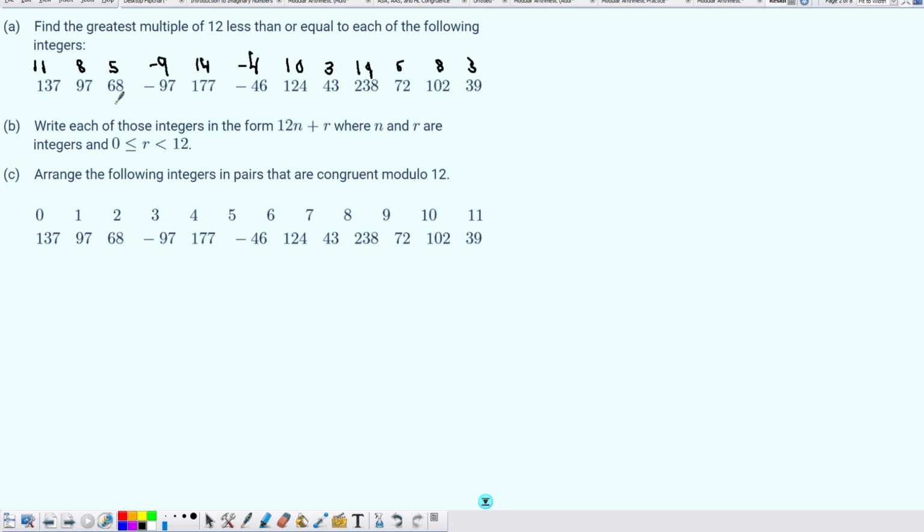So I'm going to sort of list them out in the order of their remainders, starting with 72. 72 is equal to, well, we already figured out that would be 12 times 6.